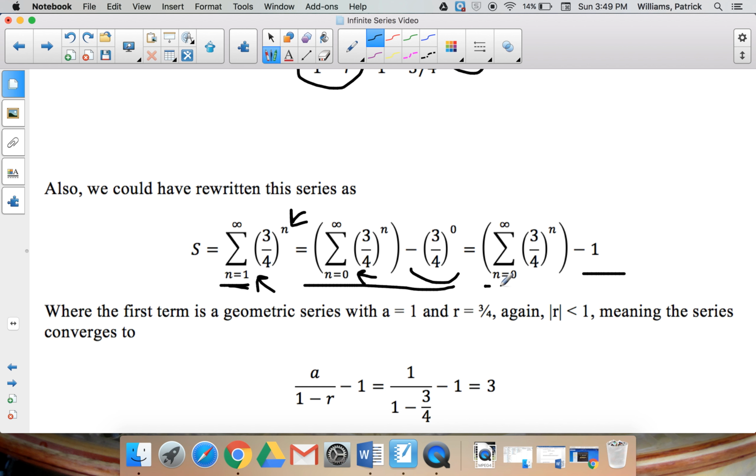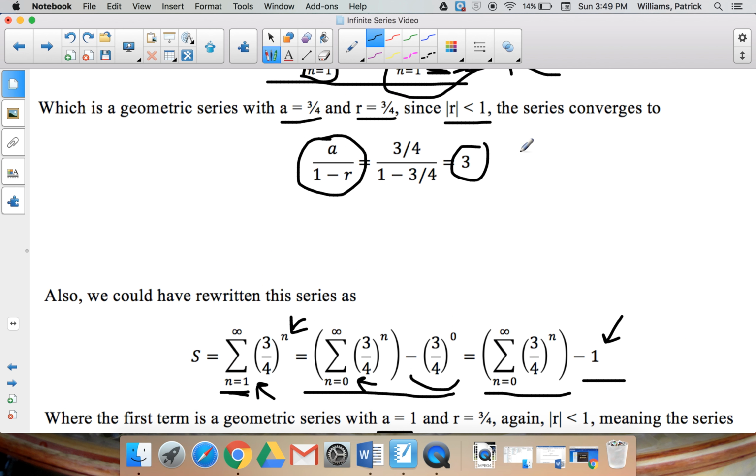So now we basically have a geometric series with a is equal to 1, r is equal to 3/4. We can find what that series converges to and then just subtract 1 from the final value. So in this case, if we do a over 1 minus r, we'll get 1 over 1 minus 3/4. But then again, if we subtract that 1, we end up getting a value of 3, which is exactly what we got up in here, and we should.